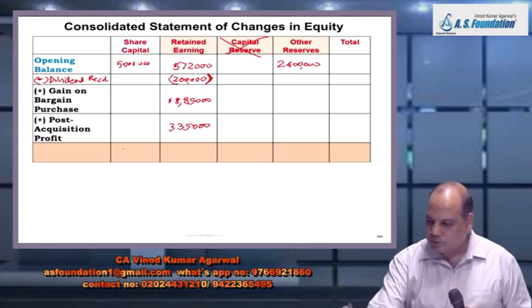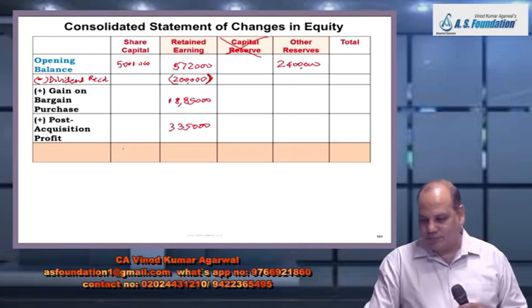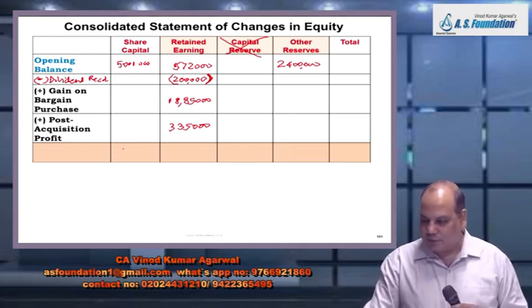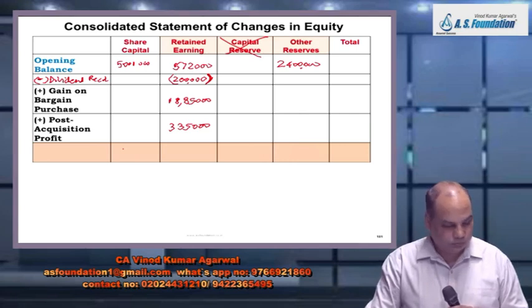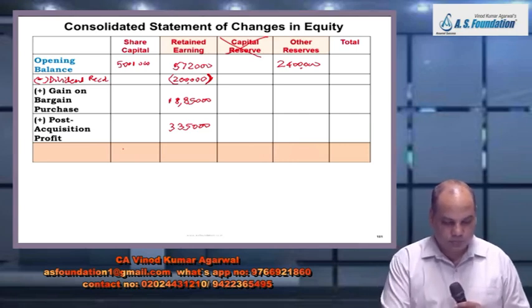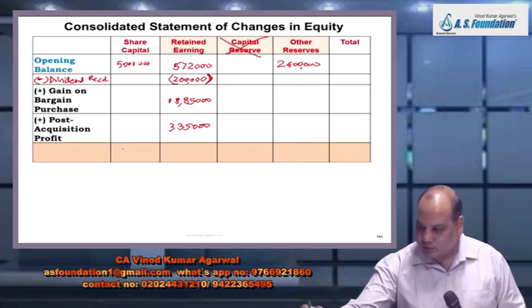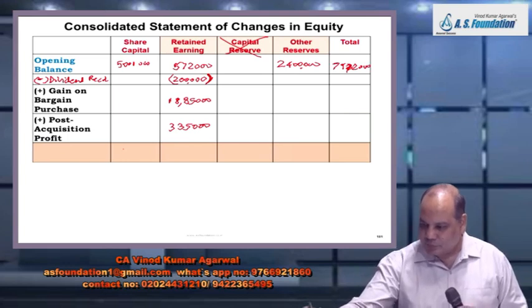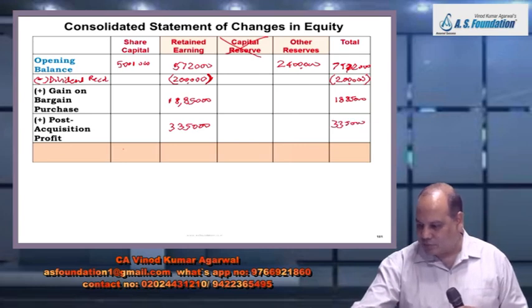So now what do you do? Tell me the total first, horizontal total. 50 lakh, 5 lakh 72,000 and 24 lakh. 79 lakh 72,000. Okay. Then 2 lakh. Then 18 lakh 85,000. 3 lakh 35,000.